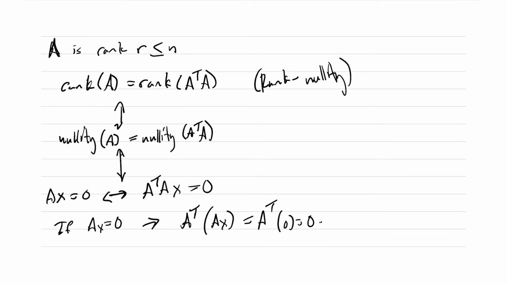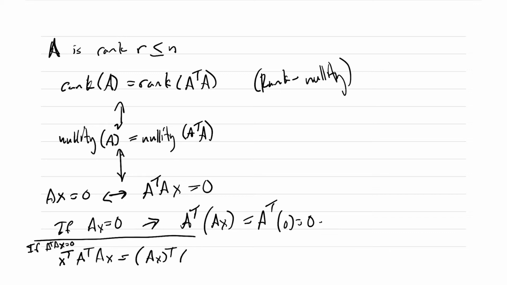If we take a look at X transpose times A transpose AX, and we assume A transpose AX is equal to 0, then this is equal to, let's make it a little more explicit, (AX) transpose times AX, because if you take the transpose out, you need to exchange the order.